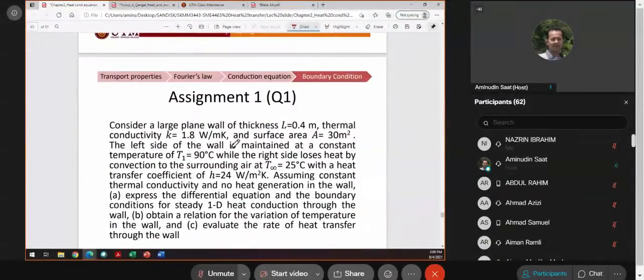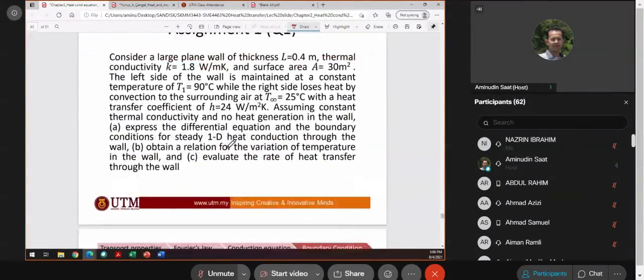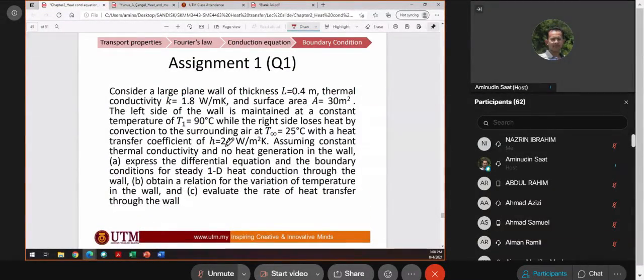I want to discuss this example. It's not really an assignment yet because I will give you the assignment in the e-learning, but we want to discuss the next example of a plane wall, where the thickness is given and the boundary condition is slightly different from the problems in the previous slide.